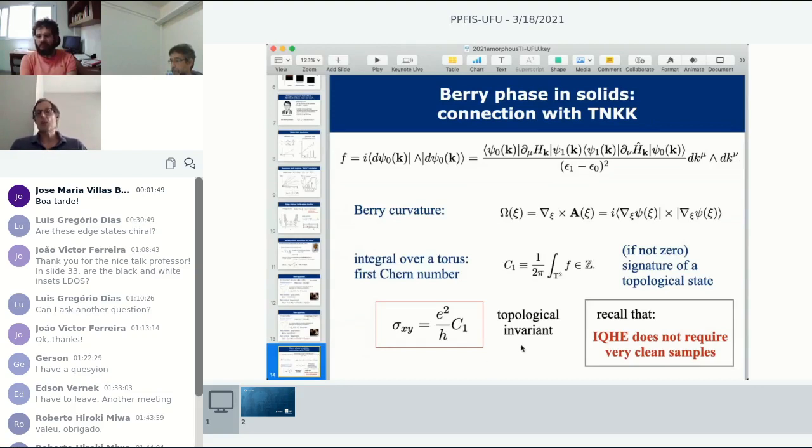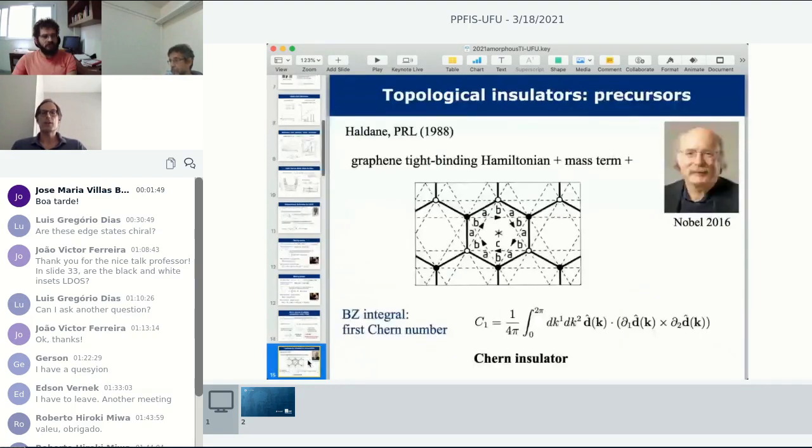So at that time, people understood this topological ingredient and realized this is strong because the integer quantum Hall effect doesn't require clean systems. And so this has to be a robust feature against, for instance, disorder. Okay? And I guess this was a major contribution of these guys at the early times to identify that.